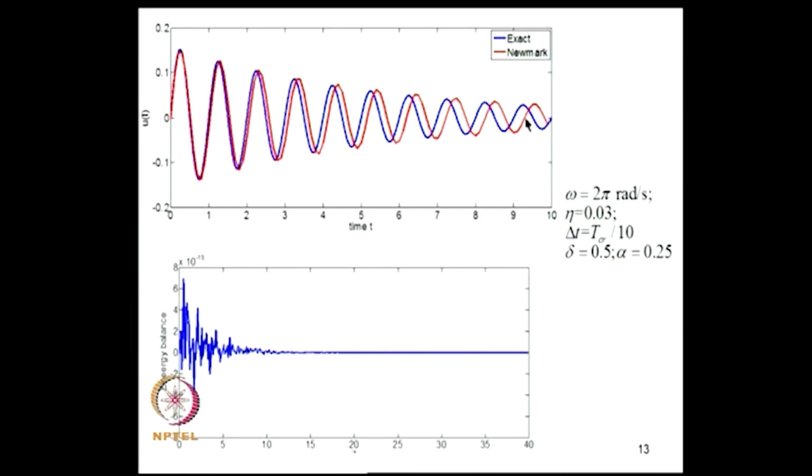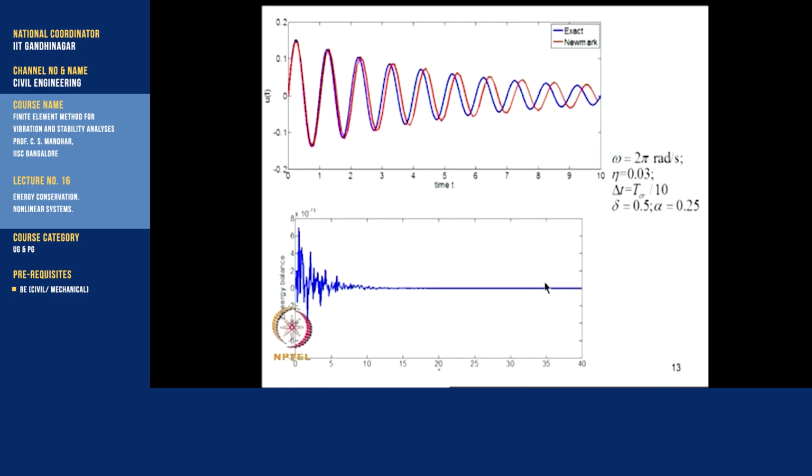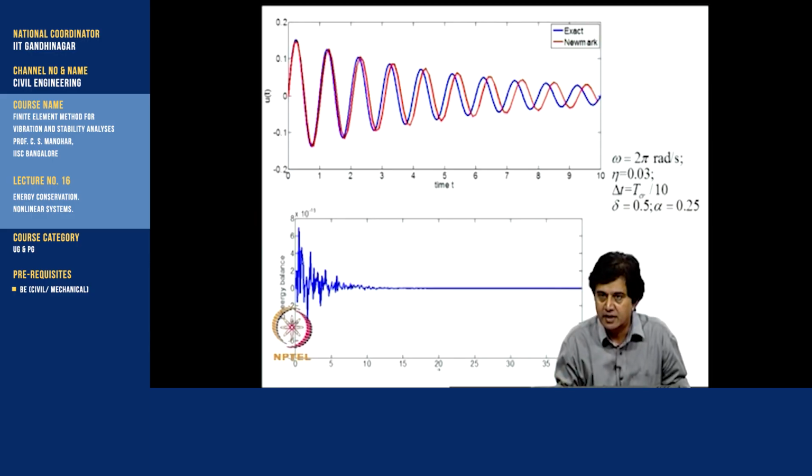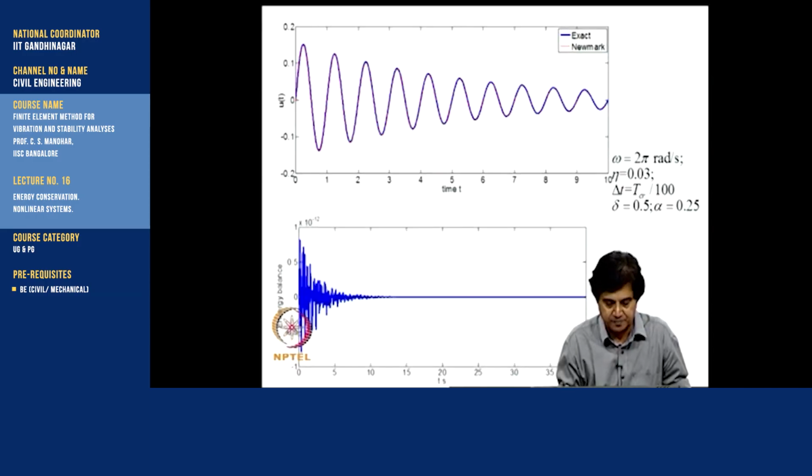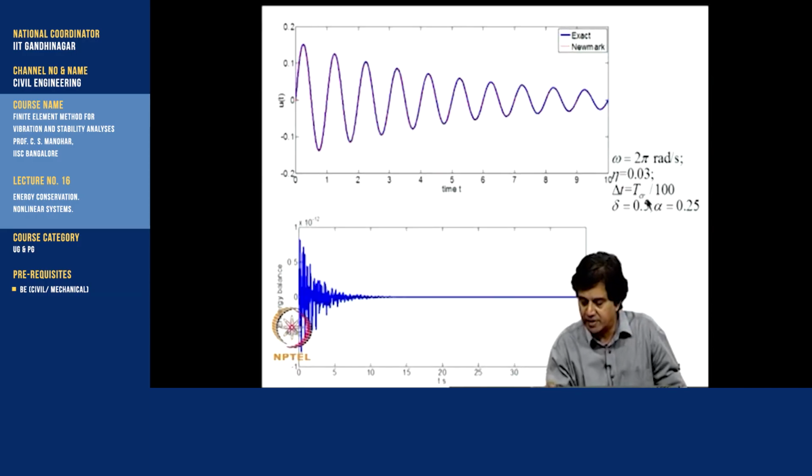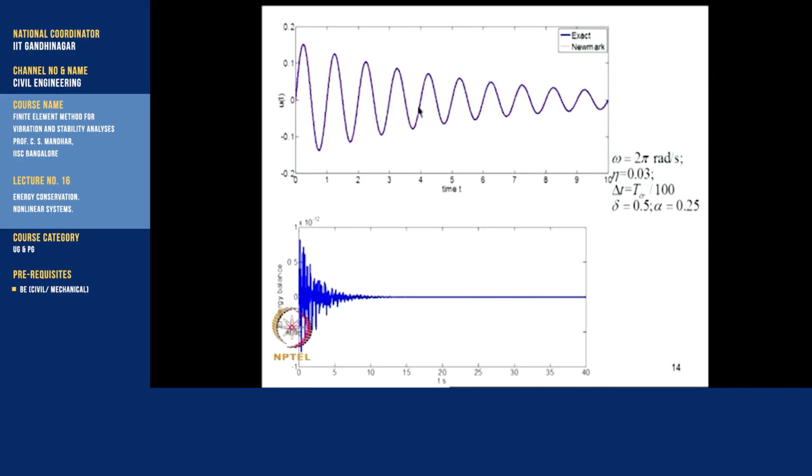Although the solution is not accurate, the energy balance is satisfied. So, energy balance being satisfied does not mean that you have got accurate answers. It is like telling that if you are getting a stable solution, it need not ensure that the solution has acceptable accuracy. Now, if I increase step size to T critical by 100, the exact solution and Newmark solution match, and this is the behavior of the error.